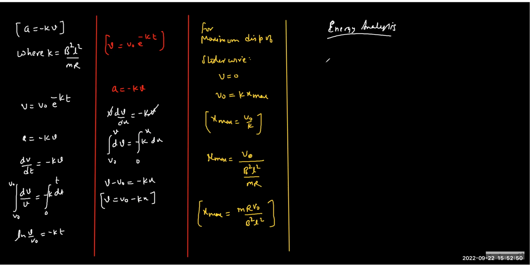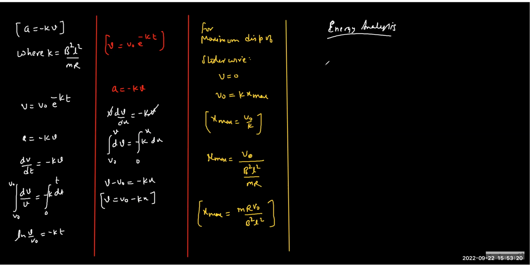The rod is losing the energy, and that energy which is lost by the rod is actually getting dissipated through the resistor of the circuit. Because in the circuit we don't have any energy storing element like capacitor or inductor. What we have is a pure resistor, so it will definitely dissipate the energy.